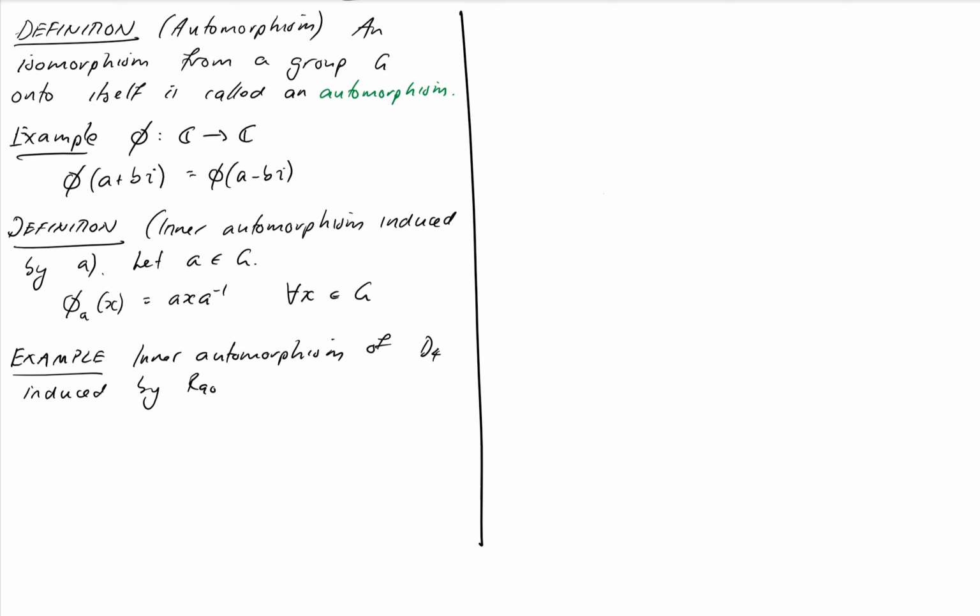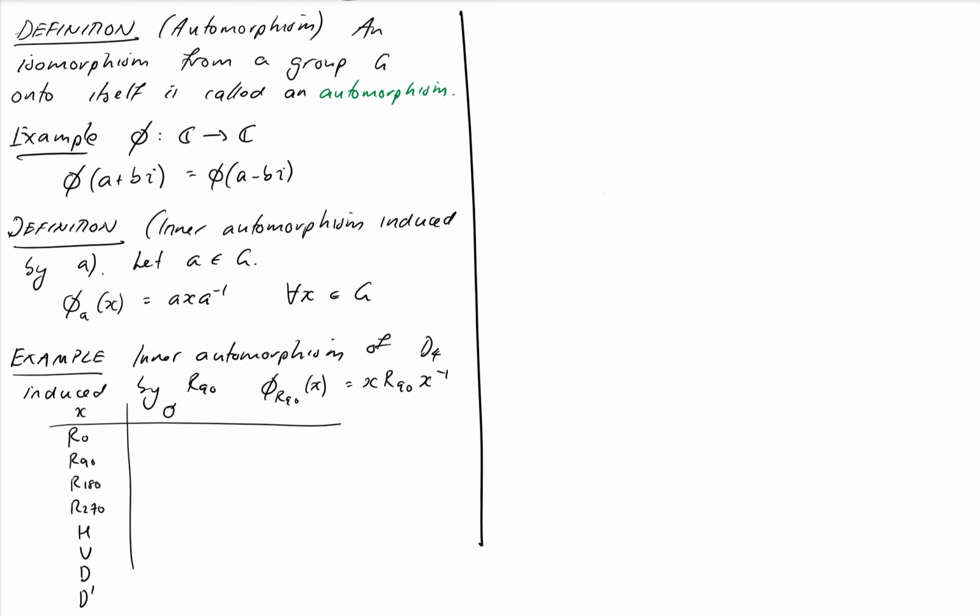So phi R90 of x is just going to equal R90 x R90 inverse. So I can make up a table of these. We know in D4 we have the following elements: R0, R90, R180, R270, H, V, D, D prime. So this can be x, and here we're going to have phi R90 of x.